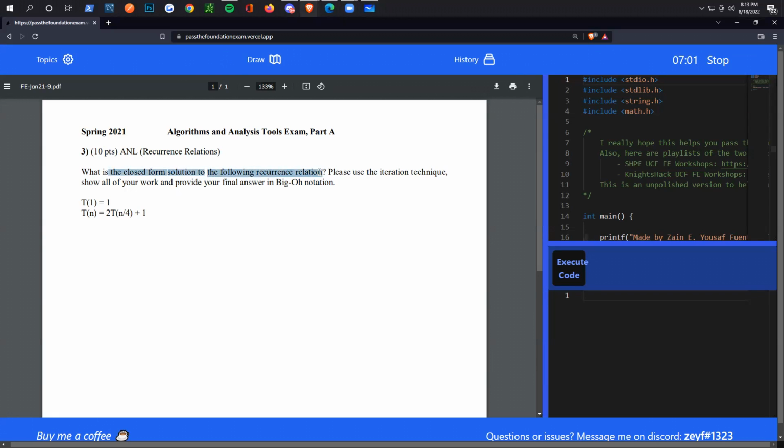So what is a closed form solution to the following recurrence relation? Show all of your work and provide final answer in big O notation. So base case and the initial recursive function. So let's start on it.